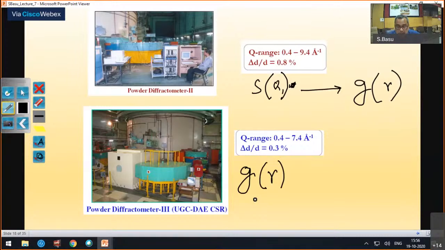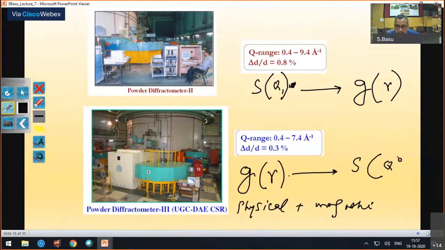When I mean this G(r), it takes care of physical structure plus magnetic structure. I generate the S(Q) because here there is no restriction of experiment. I generate the S(Q). I may call it theoretical. Let me use the palette. It will be clear.